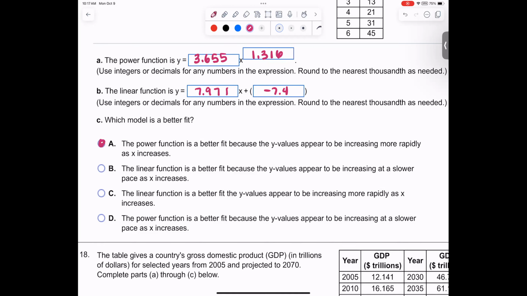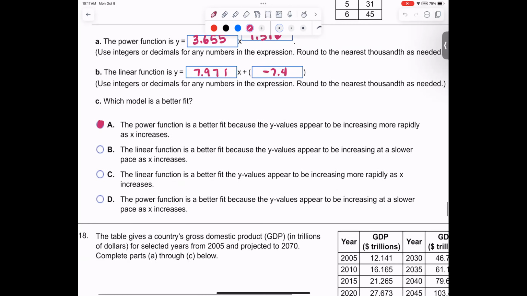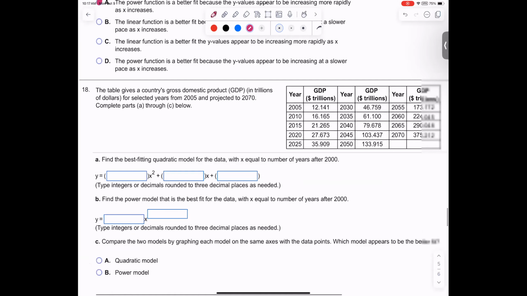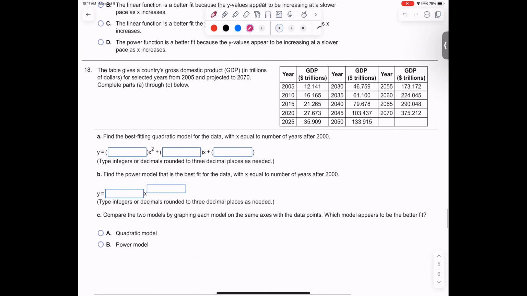Okay, last but not least. And we got 3 minutes. I'm being too slow. Put this table in your calculator. We're doing years from 2005. So this would be 0, 5, 10, 15, 20, 25, 30, 35, 40, and 45, 50.